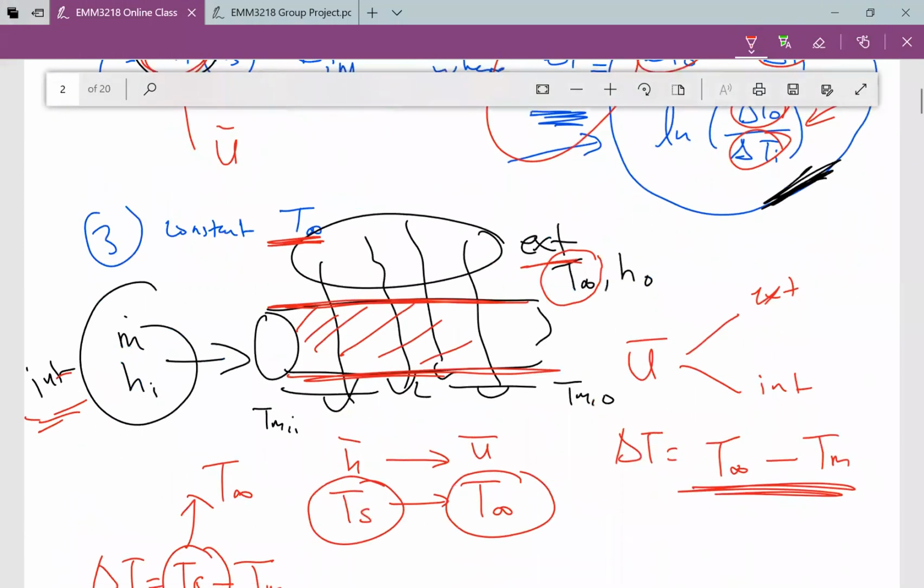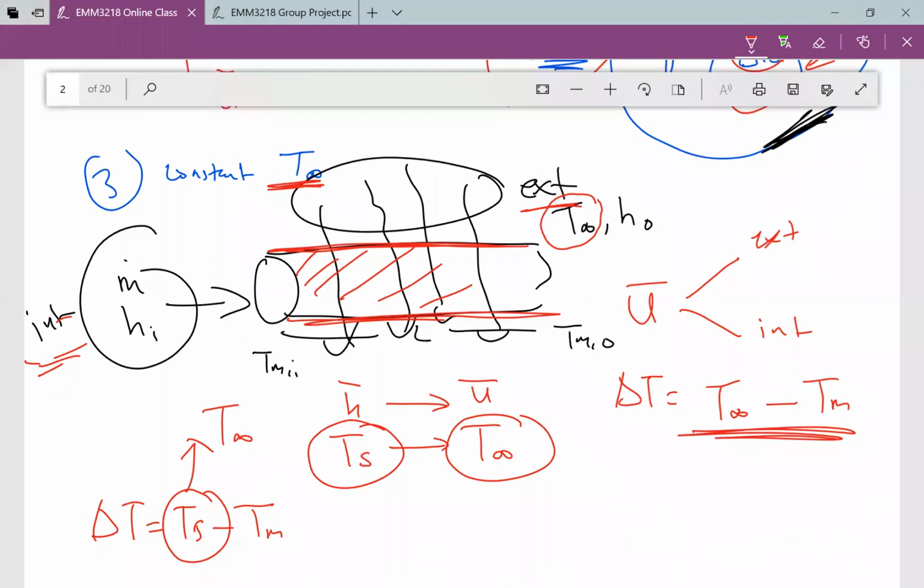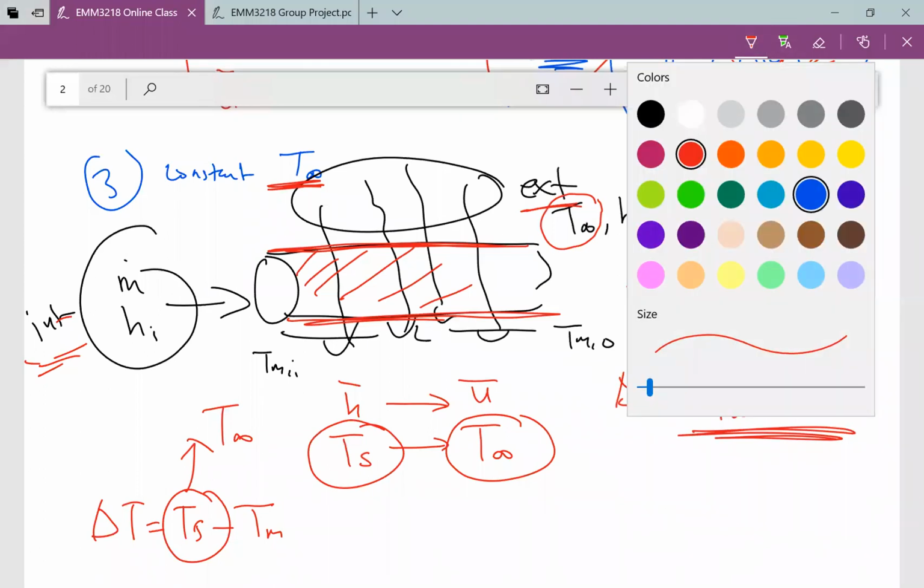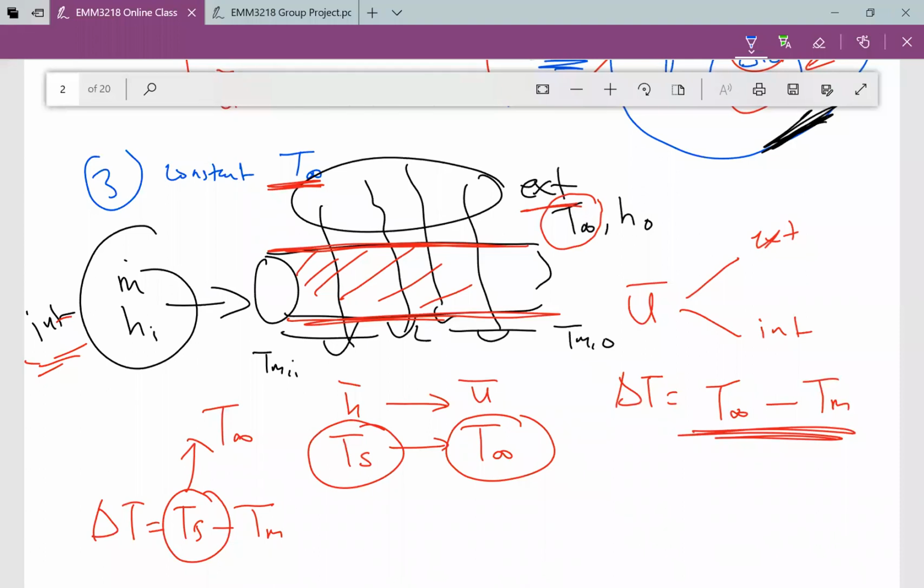The way we represent this situation is we can use the thermal circuit representing external flow. So you have a circuit resistance for the external flow. What is the resistance? That will be 1 over h out, right?